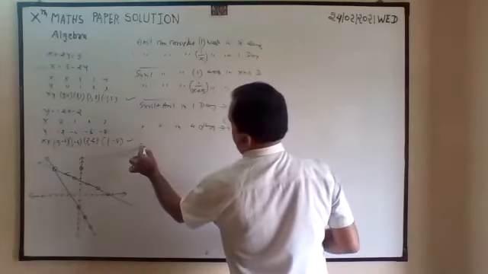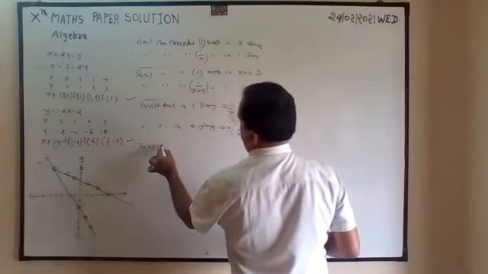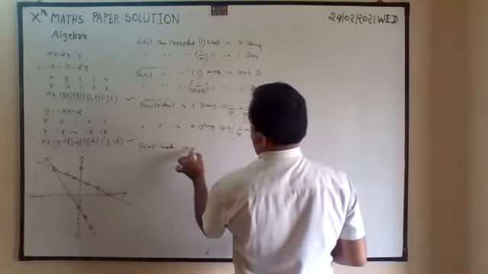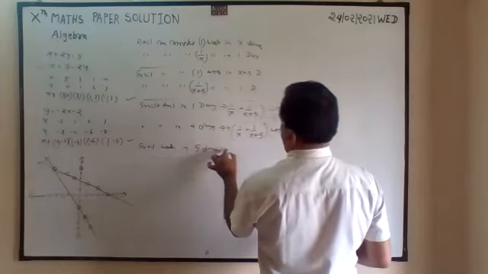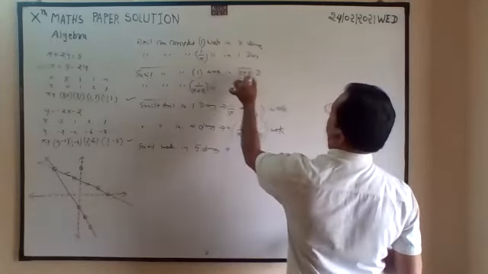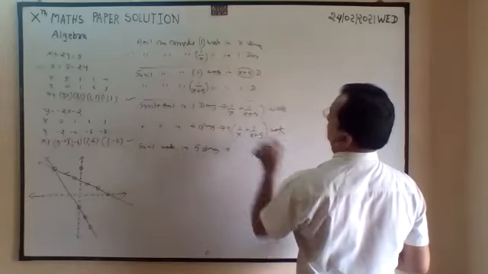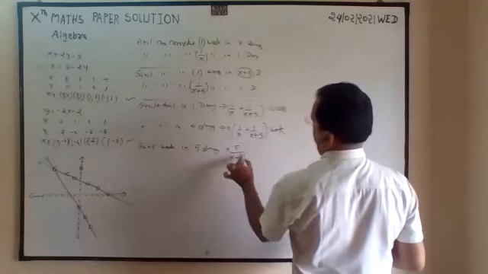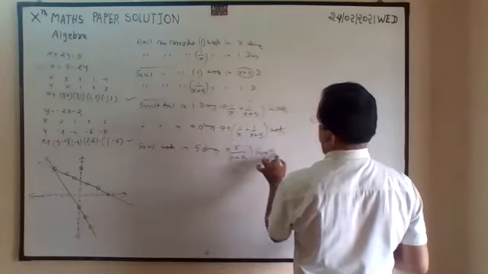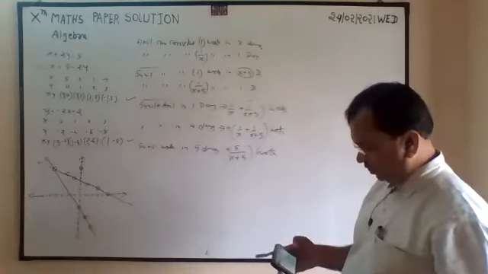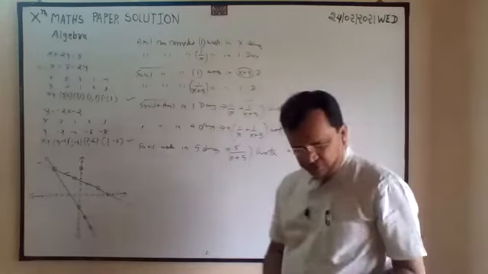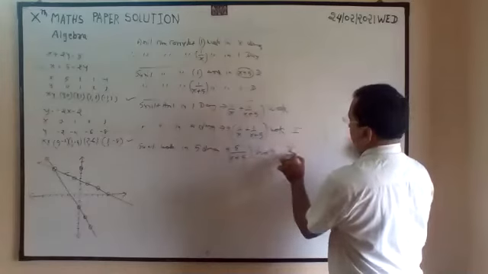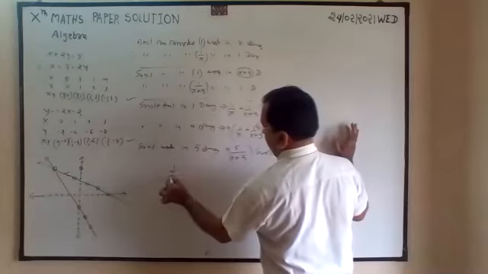Sunil's capacity is this much per day, so in 5 days, 5 by X plus 5. So this work plus this work, part 1 plus part 2. I'll explain again, don't worry.